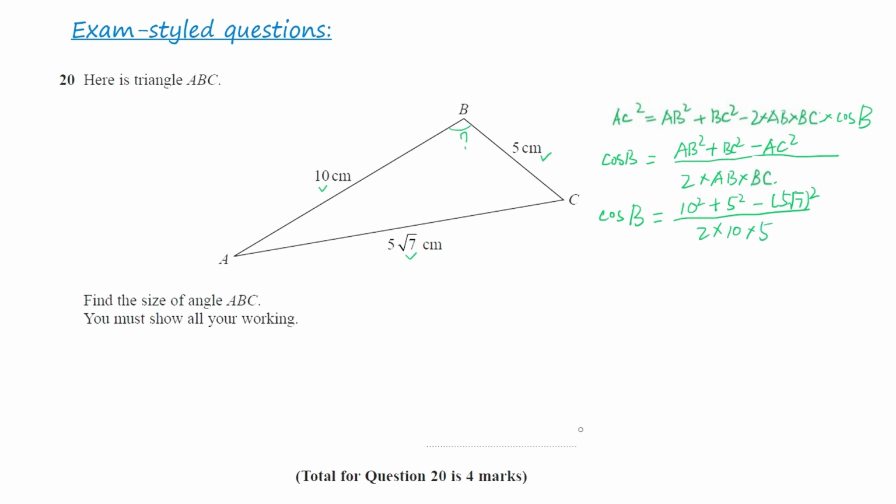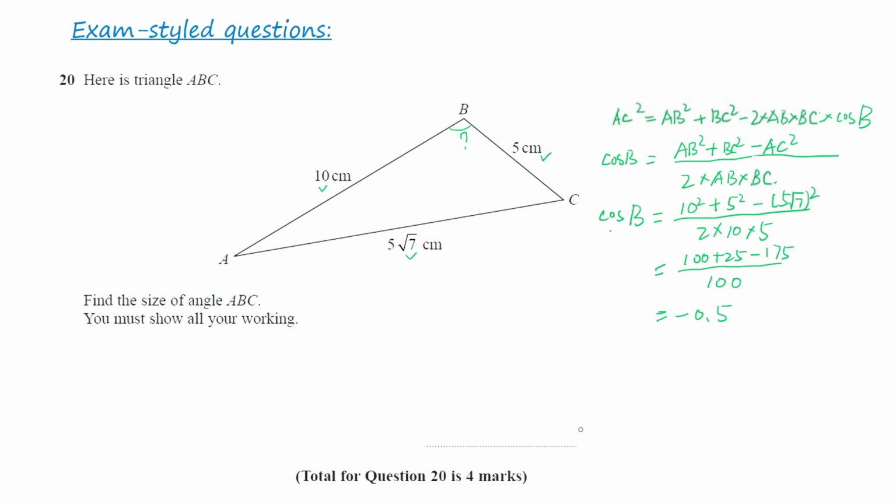Then you calculate it. Use the calculator, and then we have 100 add 25, take away 175. We simplify further, and then we get minus 0.5.